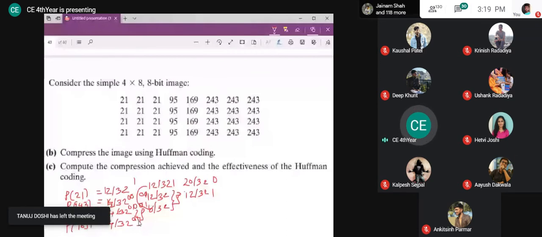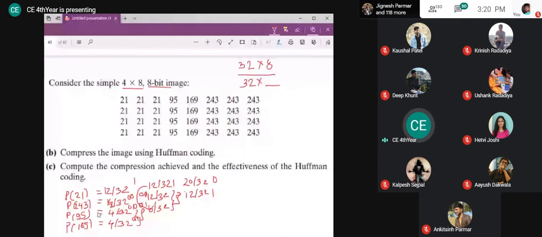Now the pixels are the same, I have not reduced pixels, so pixels are 32 only, but per pixel, how many bits am I using? I am not using 8 bits. For 21 I am using 1, for 243 I am using 0, 0, for 95 I am using 0, 1, 0. So I have to calculate how many bits I am using per pixel.